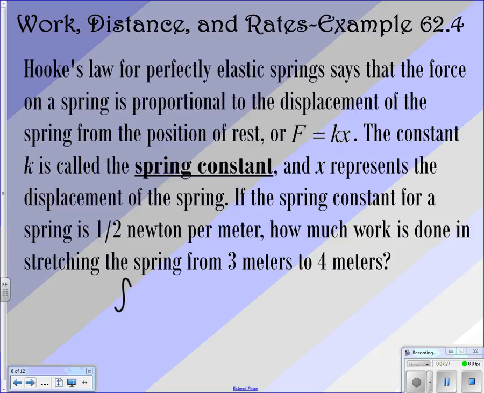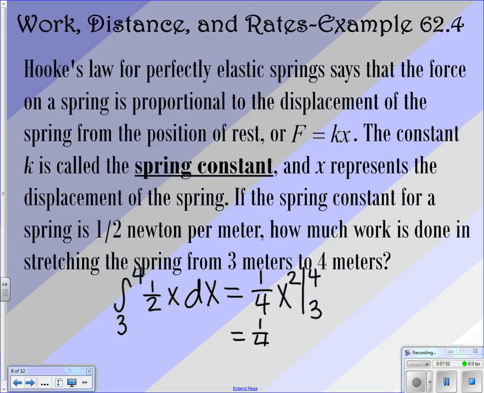And we're integrating from 3 to 4, because those are our endpoints. And then we're going to have kx. Well, our k, our spring constant for this one, is 1/2. So we have 1/2 x, with respect to x. If you integrate that, you're going to have 1/4 x squared from 4 to 3.